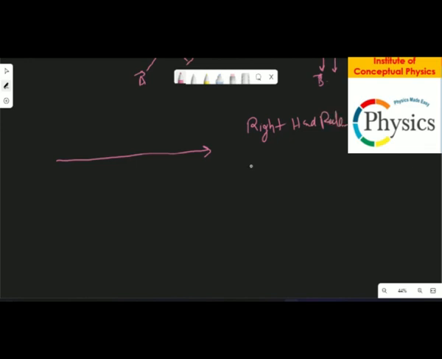So the magnetic field for this particular situation will be like this. As seen from the top, it is coming out and here it is going in, right? So you can see the magnetic field is coming out here.